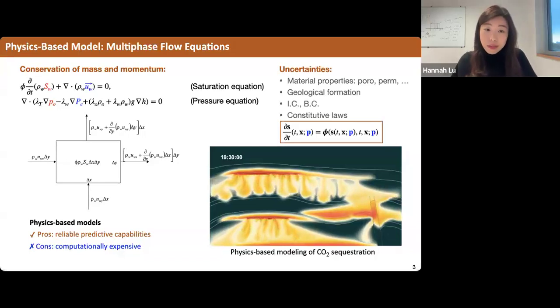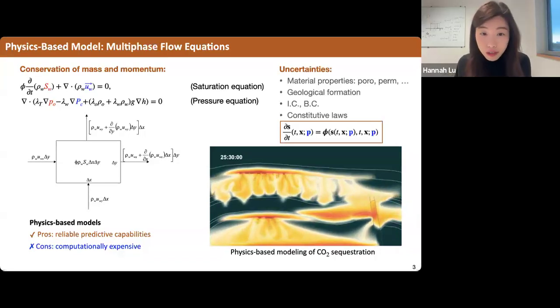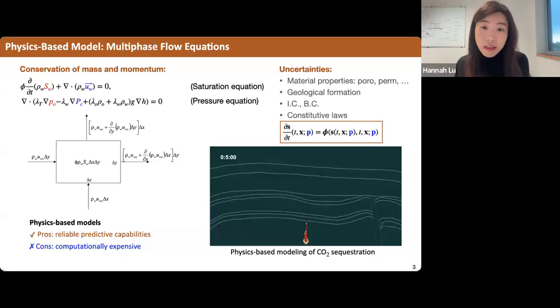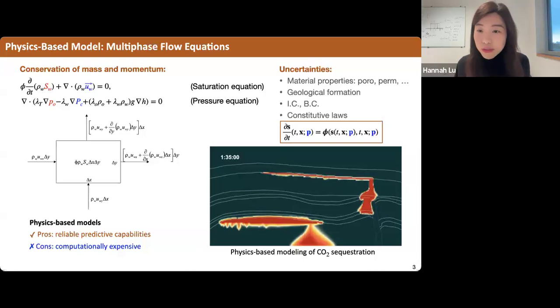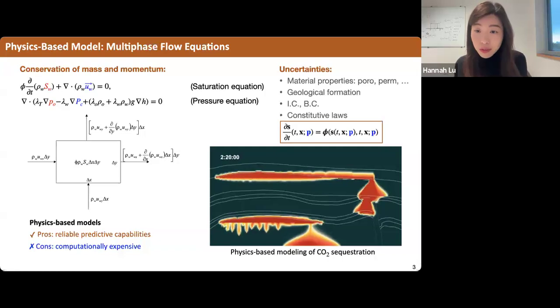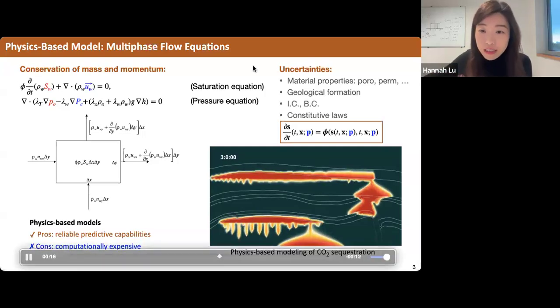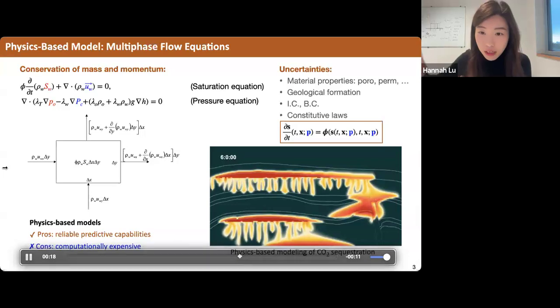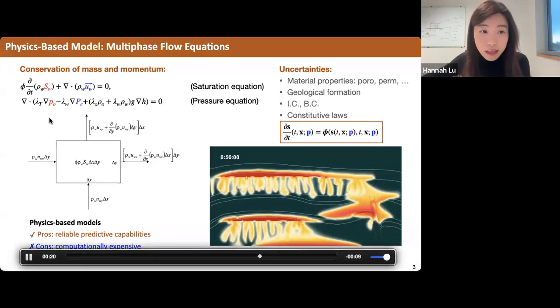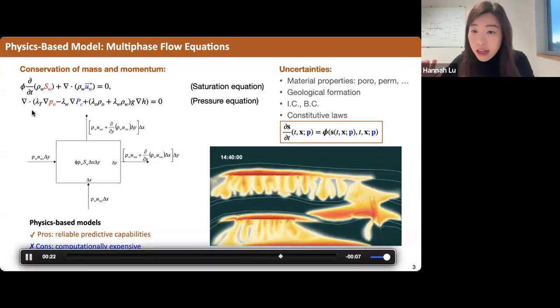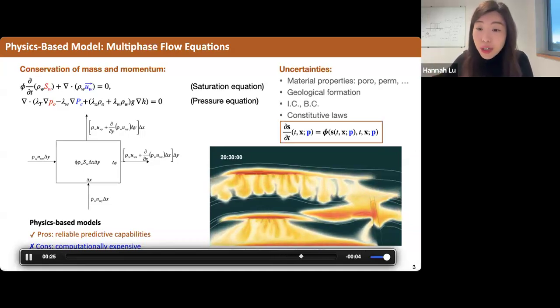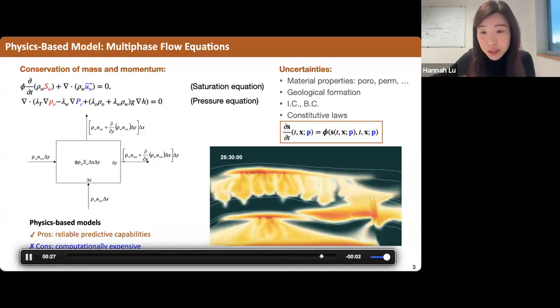So the simulation is expensive for one run, and there are all the uncertainties such as material properties like porosity and permeability, the location of the fault, initial and boundary conditions, and also the constitutive laws, which are actually hiding behind the parameters of the mobility lambda here. So this contributes to a large set of uncertain parameters.